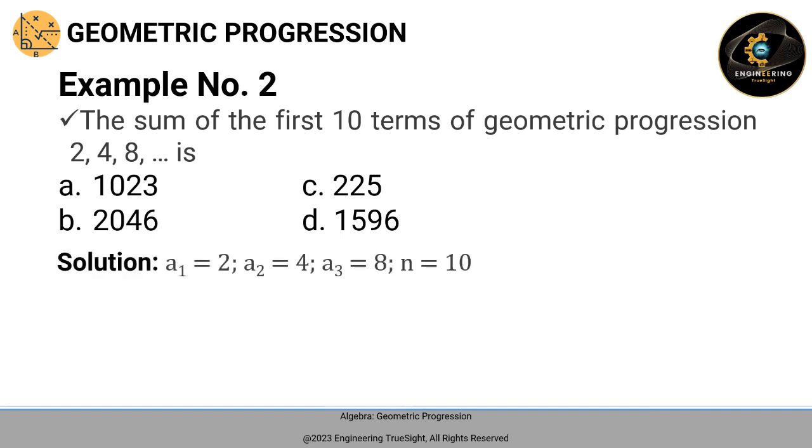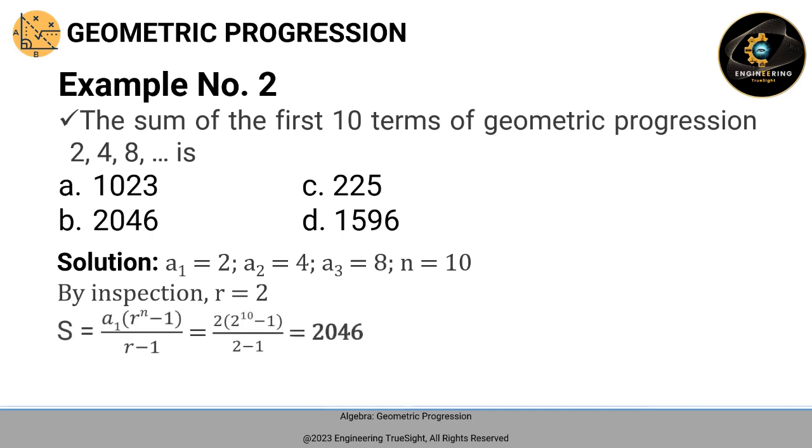We should take first the given, which is a sub 1 is equal to 2, a sub 2 is equal to 4, and a sub 3 is equal to 8. Also, n is equal to 10. So by inspection, the common ratio is equal to 2.